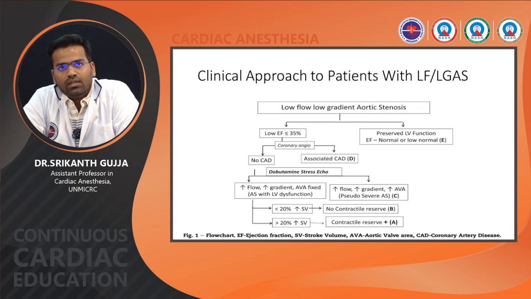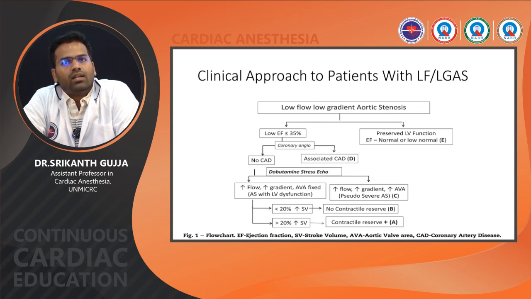pseudo AS. In true AS, with the dobutamine stress echo, there will be increase in flow across the valve. This increase in flow across the valve will increase the velocity if there is a true AS. So, there will be increase in transvalvular velocity and pressure gradient across the aortic valve if there is a true AS.